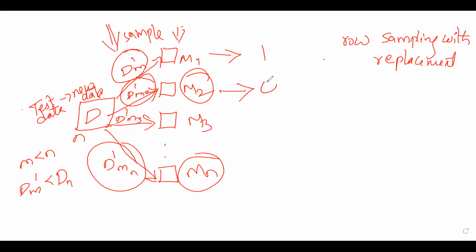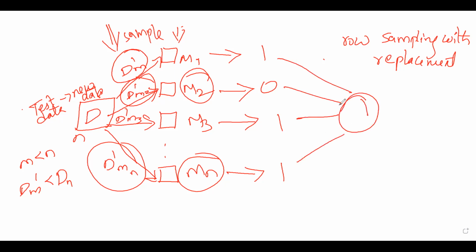If the next model gives output 0, the next gives 1, and so on, the last model gives 1. Here we apply a voting classifier, meaning majority voting is considered. Most of them give output 1, so we combine all these outputs. Since we follow majority vote, 1 will be the output for this test data.